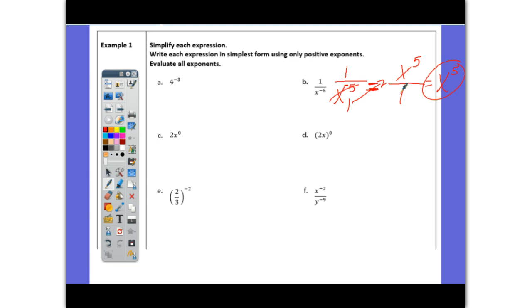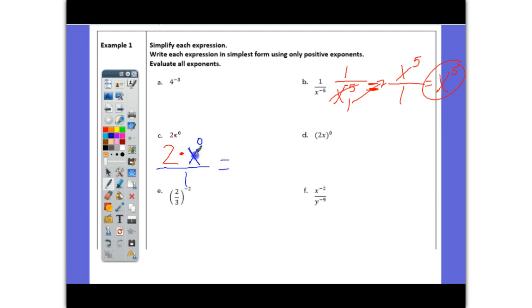All right, let's see C. This is the one I said don't be fooled. Don't let this one fool you. This is 2 times x to the 0. This is not in parentheses, so this is 2 times x to the 0 all over 1. What does that equal? Aha.